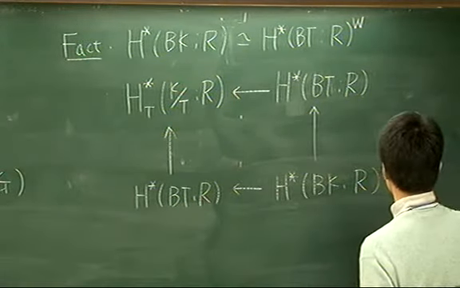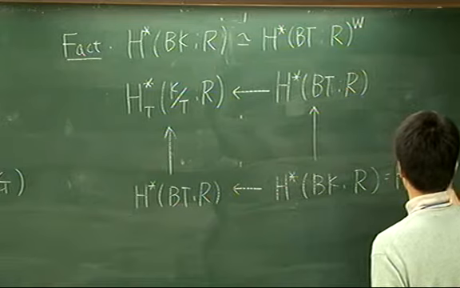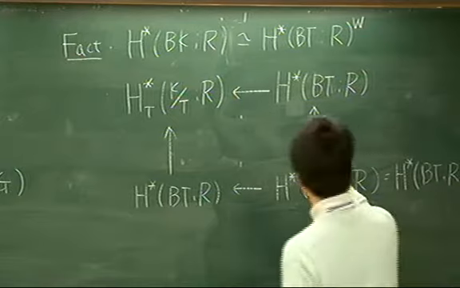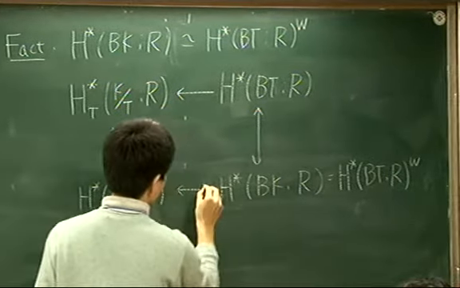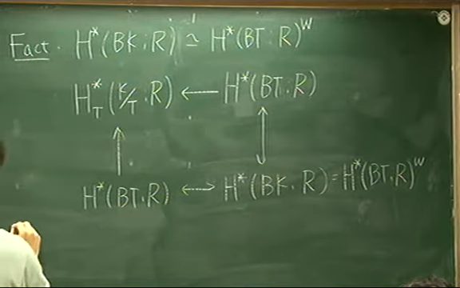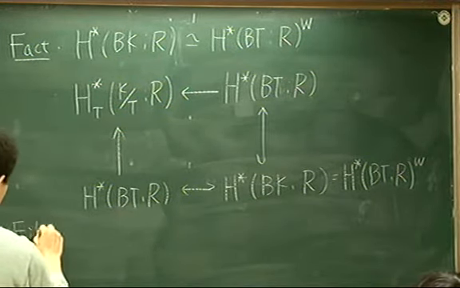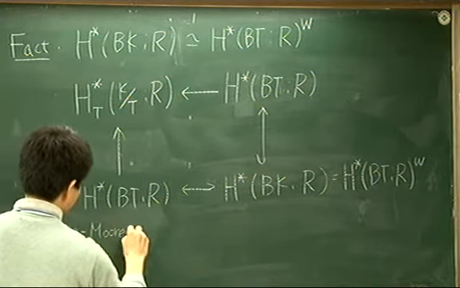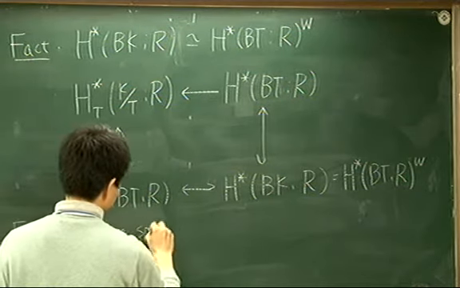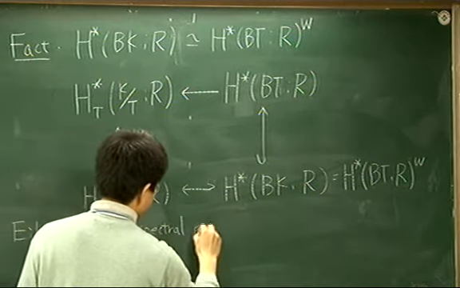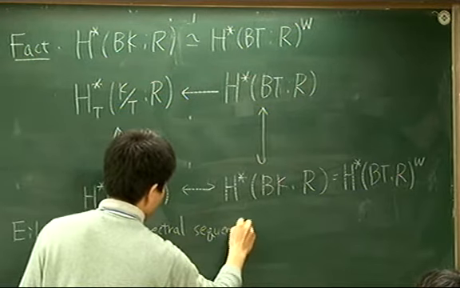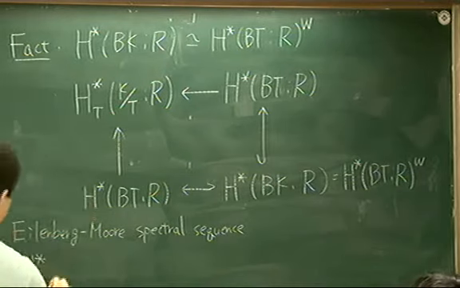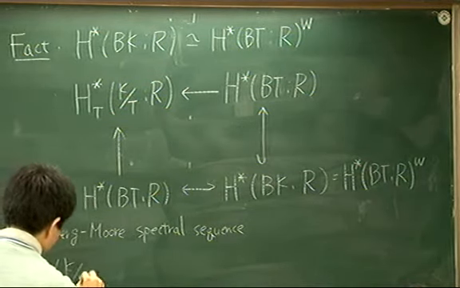But now this is just invariant, and this map becomes so, using the Eilenberg-Moore spectral sequence describes the cohomology of the Bruhat space, what we want to know.